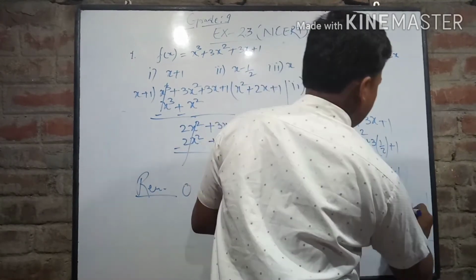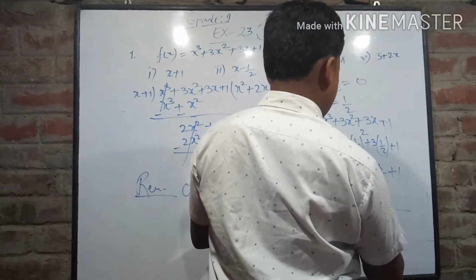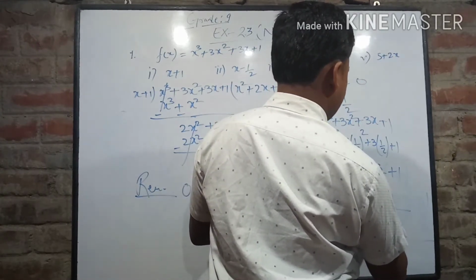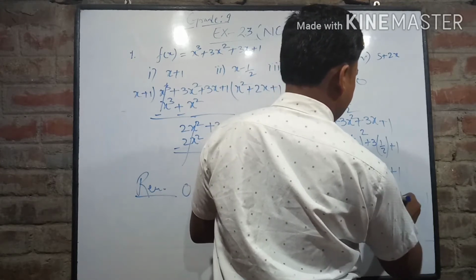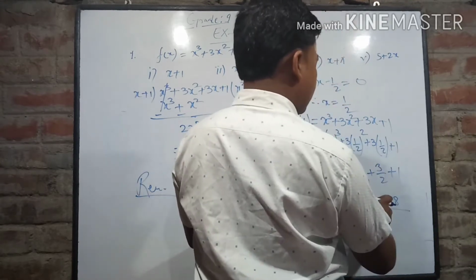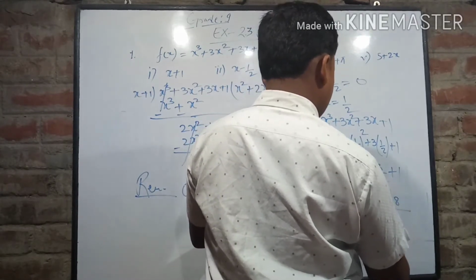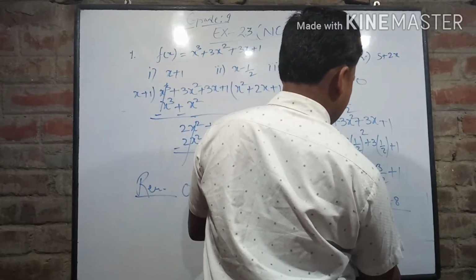If we simplify, the LCM is 8: 1 + 6 + 12 + 8. Finally the answer is 27/8.